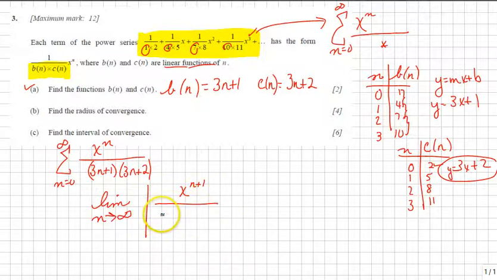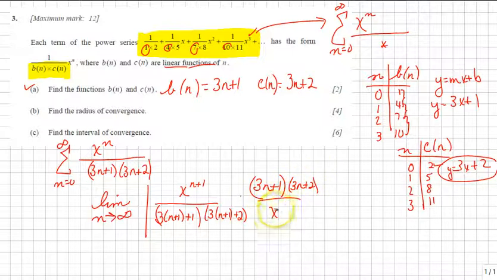So we increase all our n's by 1, so it's going to be 3 n plus 1 plus 1 times 3 n plus 1 plus 2. So it's the next term compared to the previous term, which is the original term. So we're putting that on the bottom. In other words, we're going to reciprocate that. So I'm going to put 3n plus 1 times 3n plus 2 over x to the n.